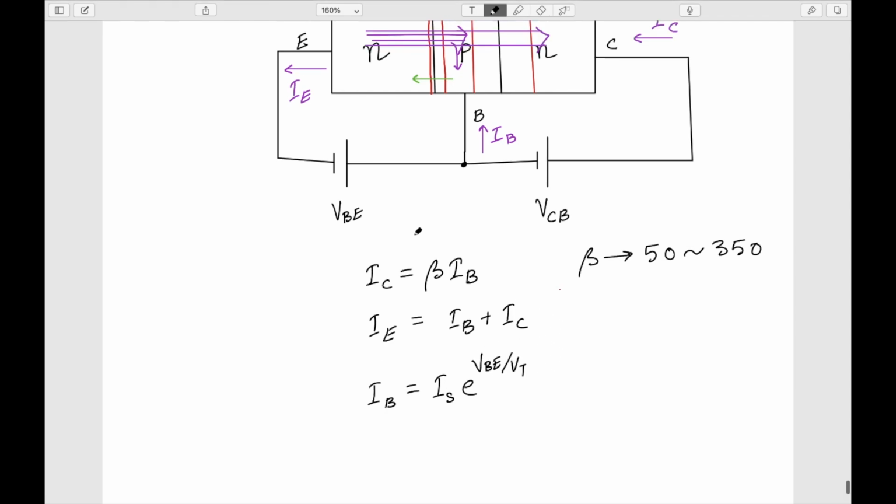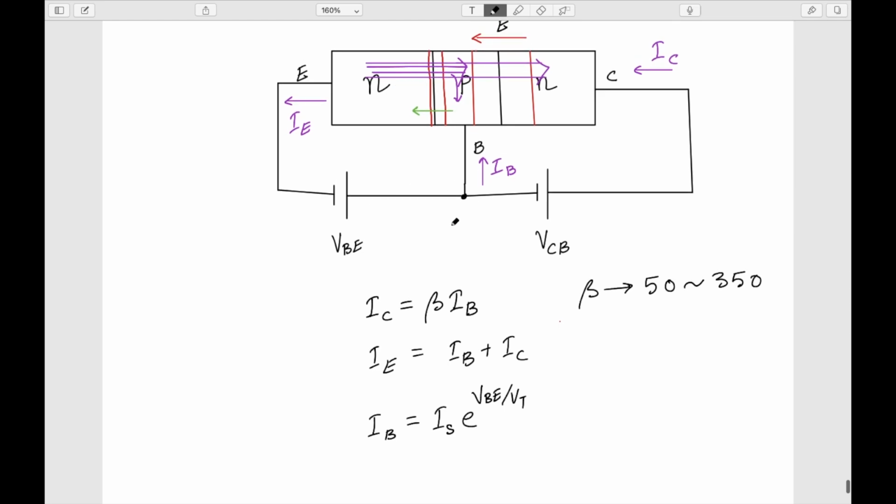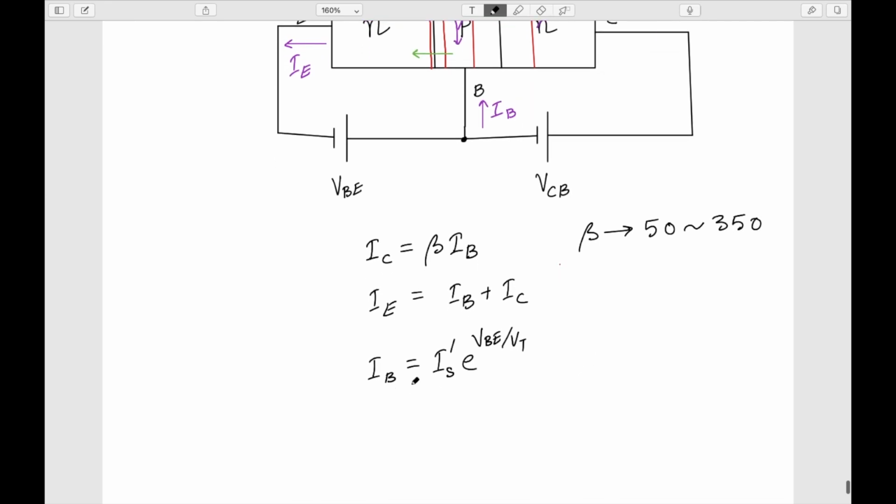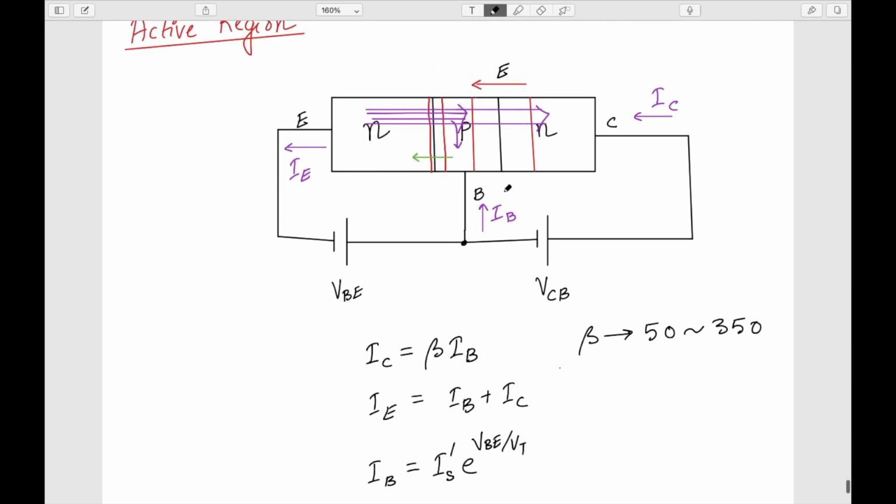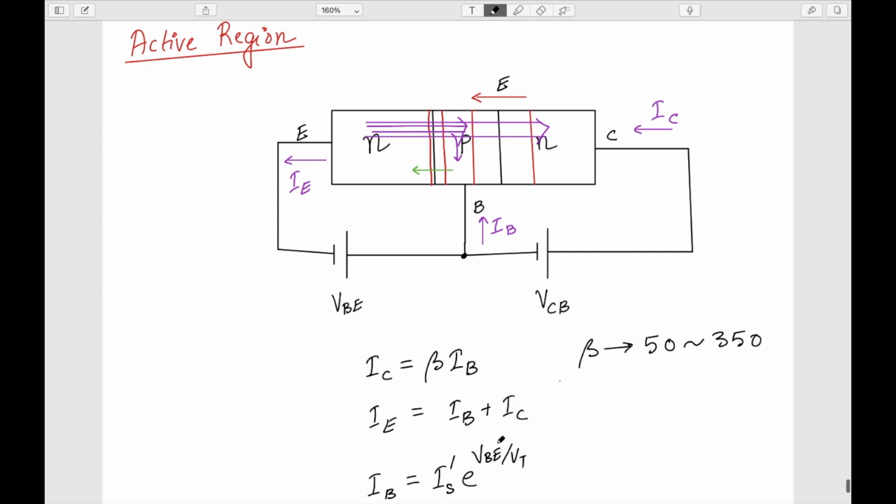VBE is the potential across this PN junction in the forward bias region, and IS is the reverse saturation current. Let's just put IS there to make it different from the diode. So this is the base current IB, and it will follow this exponential relationship just like the normal PN junction diode in the forward bias region.